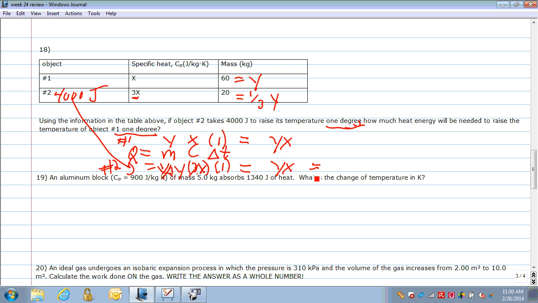And we were told that y times x, number 2, is equal to 4,000 joules. So how much is number 1 equal to? If y times x for number 2 equals 4,000 joules, what is y times x for number 1? 4,000 joules.